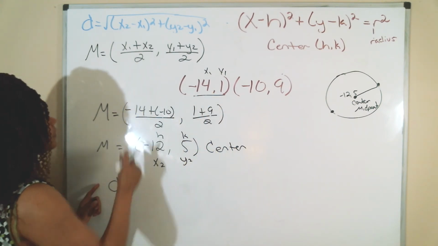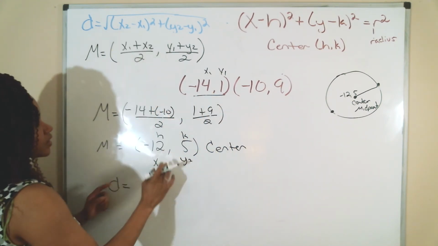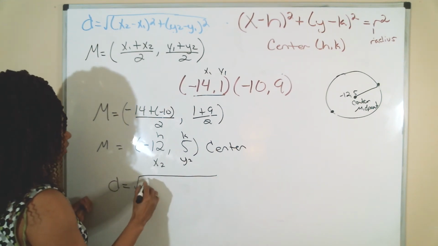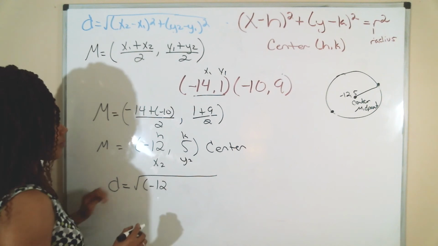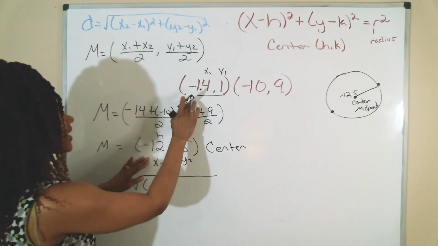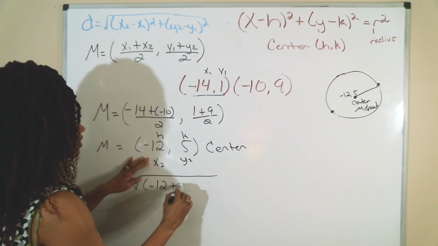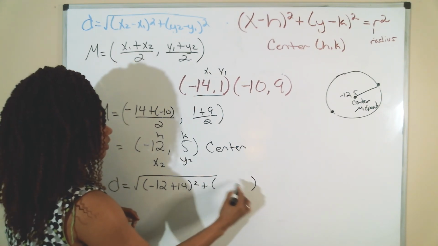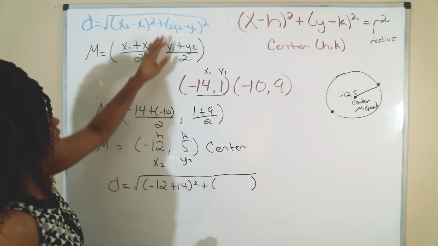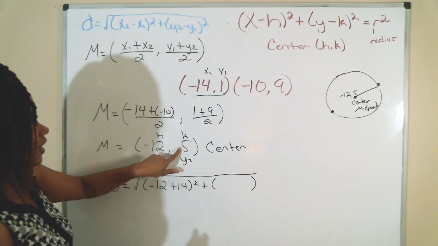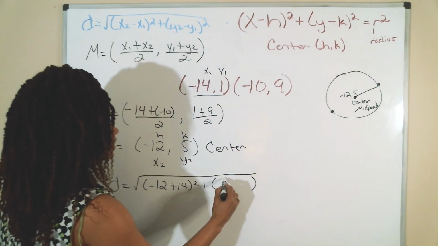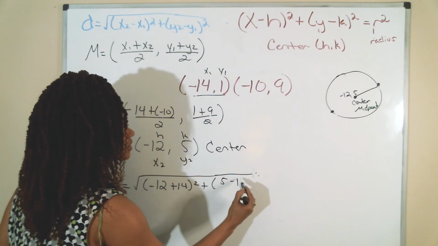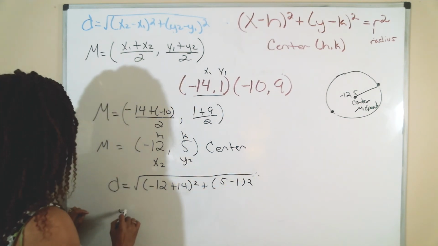All right, so x2 minus x1, that would be negative 12 minus negative, so that's going to be plus 14 squared because I have that double negative. y2 minus y1, so 5 minus 1 squared. And just simplifying it.